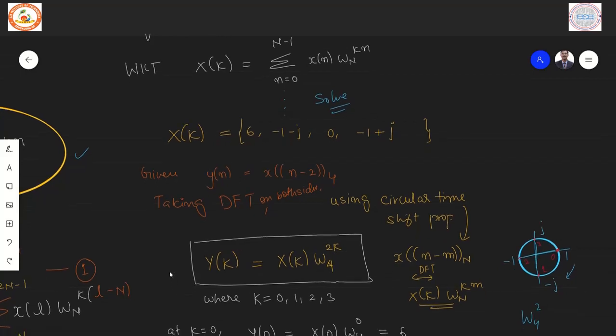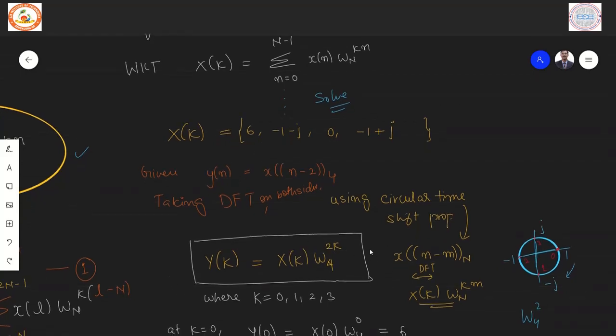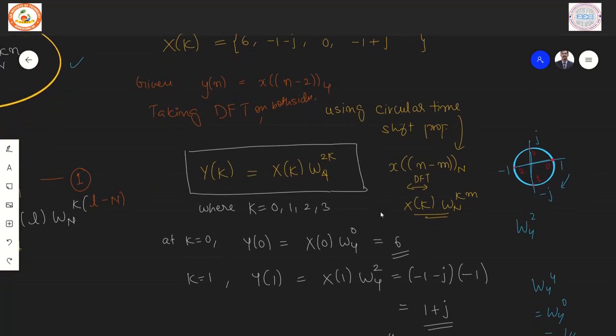Now, since we have 4 inputs, we require a 4-point DFT. Hence we have to solve for k equal to 0, 1, 2 and 3. When k is equal to 0, the expression becomes y of 0 is equal to x of 0 into W4 to the power of 0, and we substitute the value of the twiddle factor.